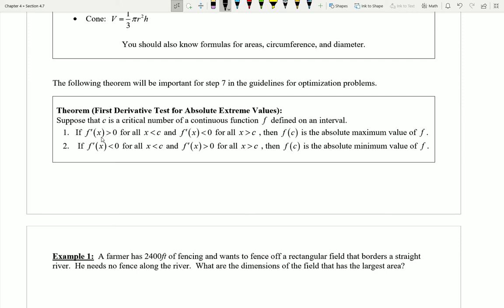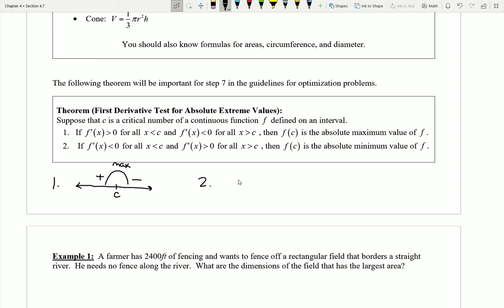If it's the case that my first derivative is positive every time I have x values less than c, but the first derivative ends up being negative for every single value greater than c, that is, if I could imagine drawing out a number line with c as a critical value, and everywhere below c I have the graph going up, and everywhere after it I have the graph going down, well then automatically I should be able to see that, yeah, c corresponds to an absolute max. That's what number 1 here is stating.